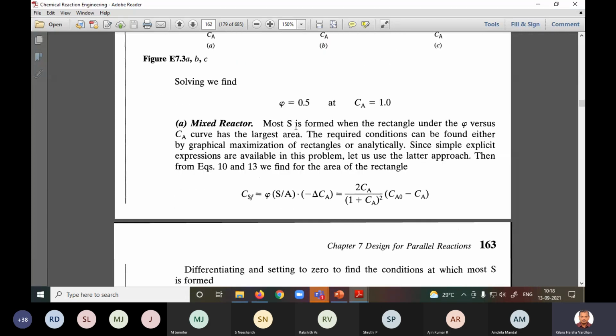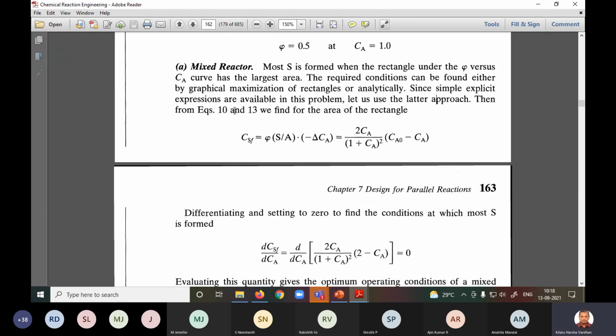He is giving that most of S is formed when the rectangle under this has the largest area. How, when will it have the largest area? The required condition can be found either by graphical maximization of the rectangles or by an analytical expression. Since the simple explanatory equation is there, we use the latter approach.